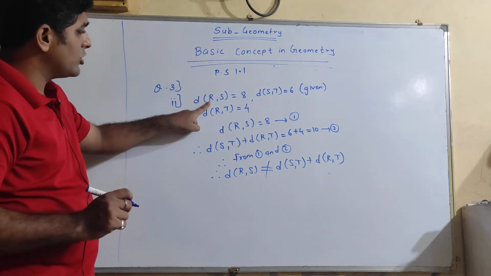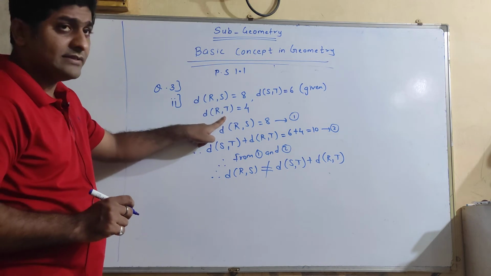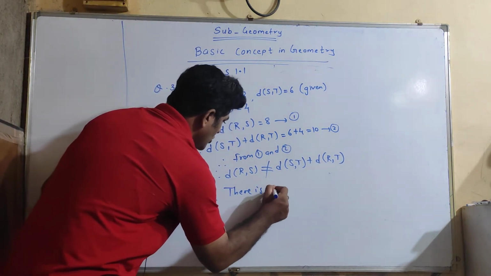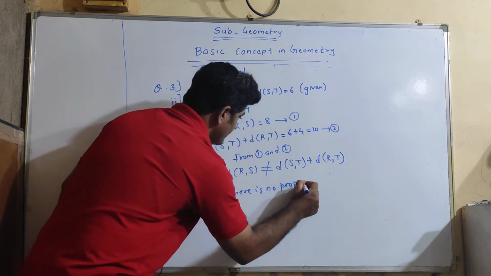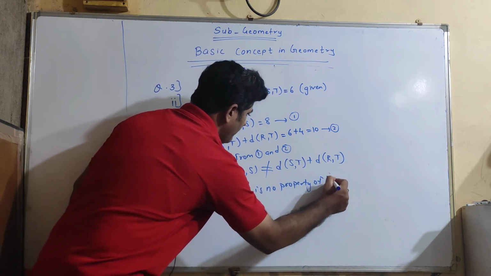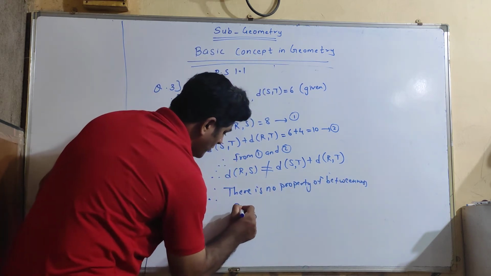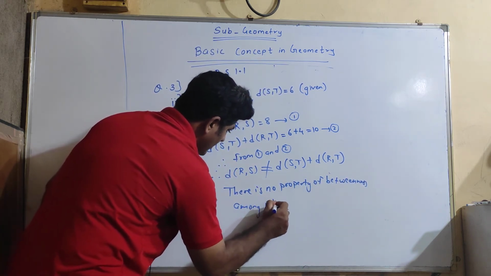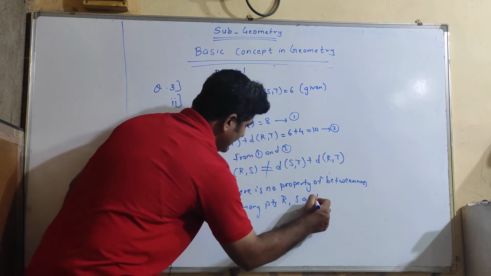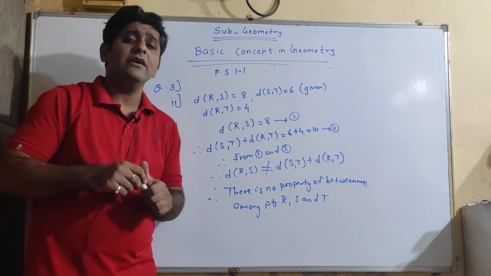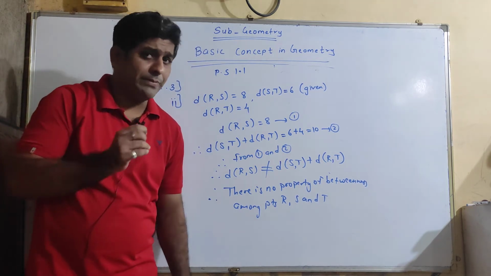Which are the points involved over here now? R, S, T. So therefore there is no property of betweenness among points R, S and T.